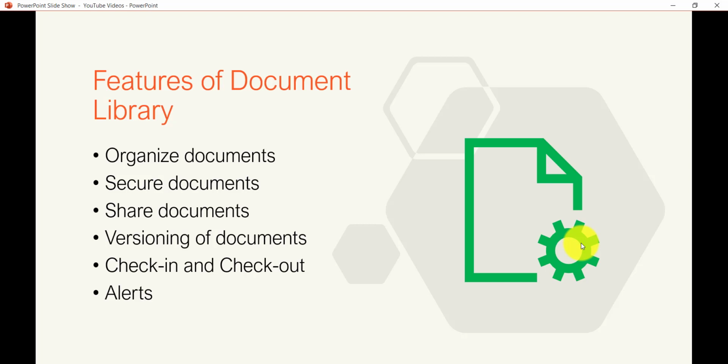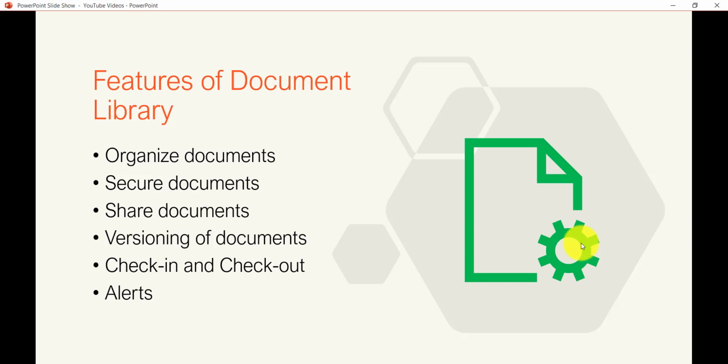Similarly, there is a check-in check-out feature. This is quite useful when multiple people are working in a document library. If I am working on a document where I am adding some text, then I can check out the document and modify it, so that other users will get notified when they try to modify the same document. And once I modify it, I can check in the document so that the updated information will be available to other users.